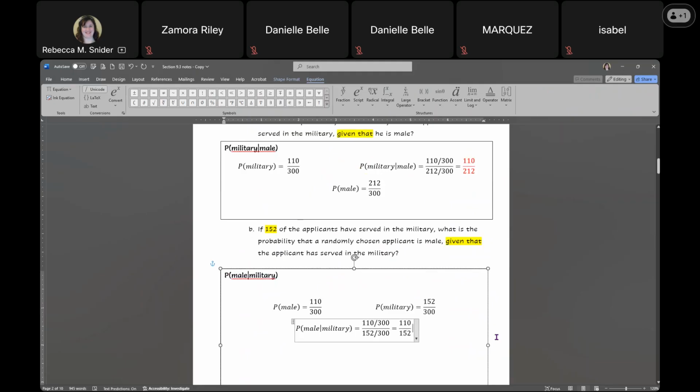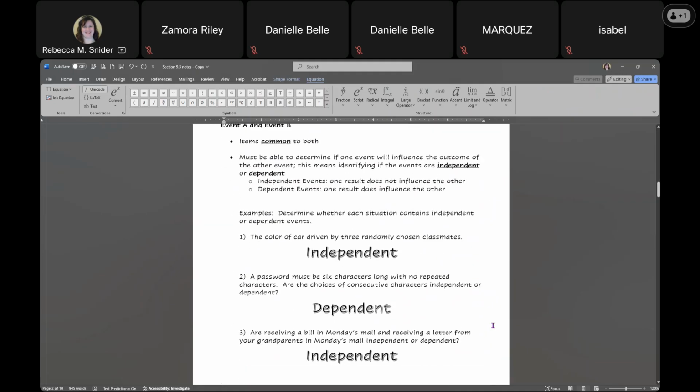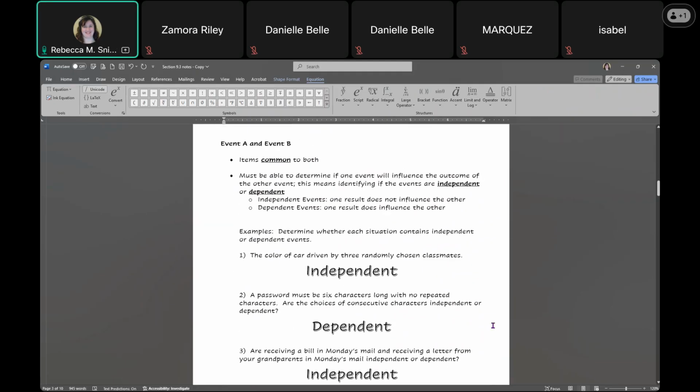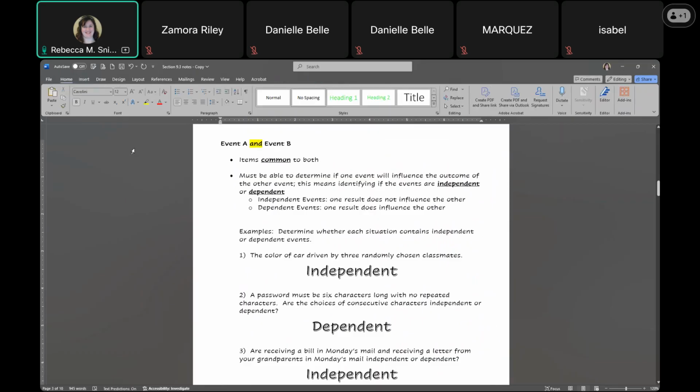Cool. All right, so what the conditional probability does is it leads us to be able to work into the multiplication principle. For the multiplication principle, we have to look at what it is in its base form. Just like with the addition principle, which uses the word or, the multiplication principle here is going to use the word and.